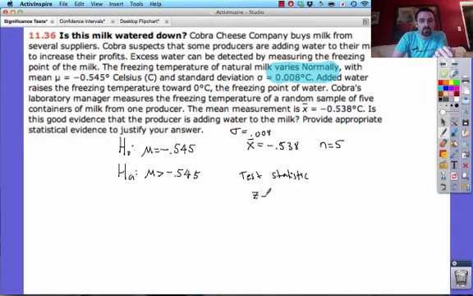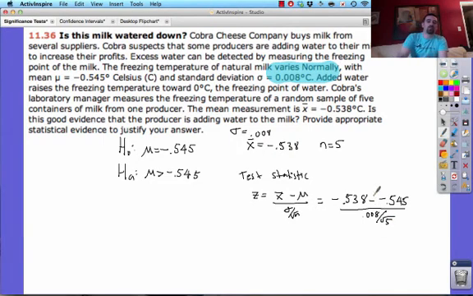So our test statistic is going to be z equals the estimate minus the claimed mean divided by the standard deviation. So we're going to have negative 0.538 minus negative 0.545, and we have sigma, which is 0.008 divided by the square root of 5.